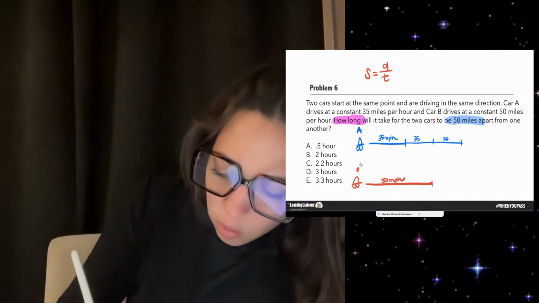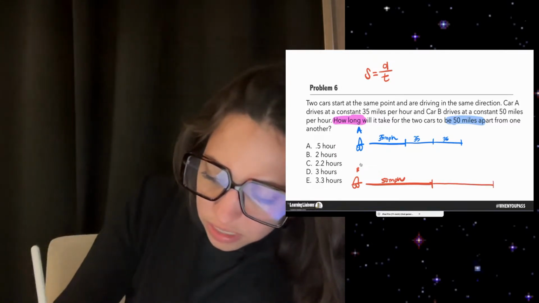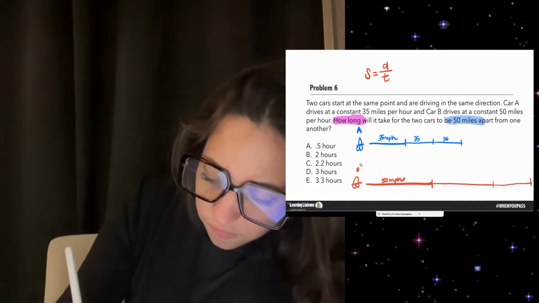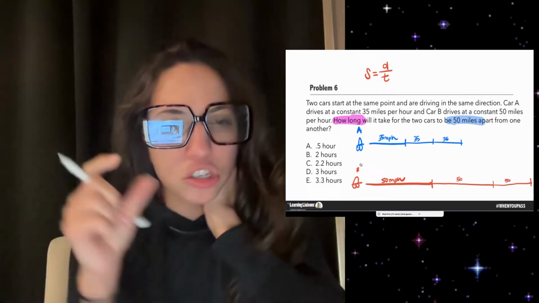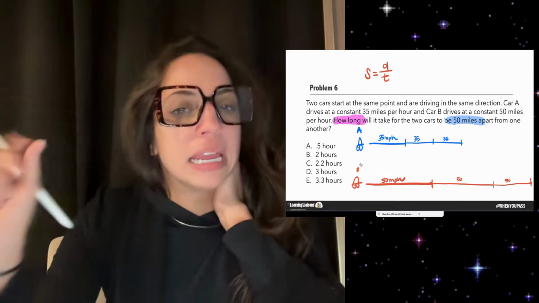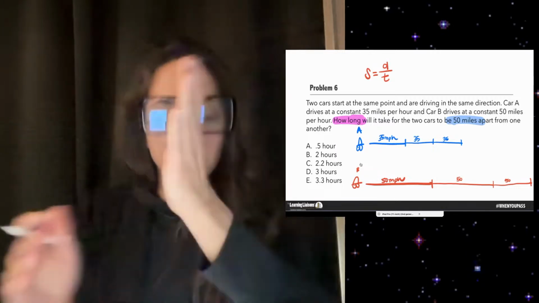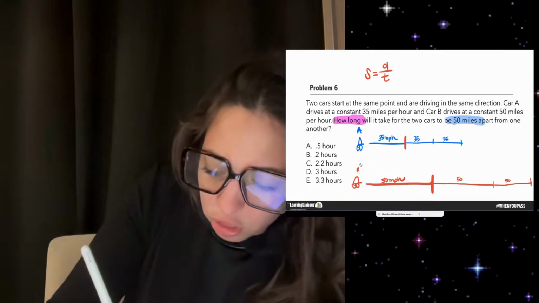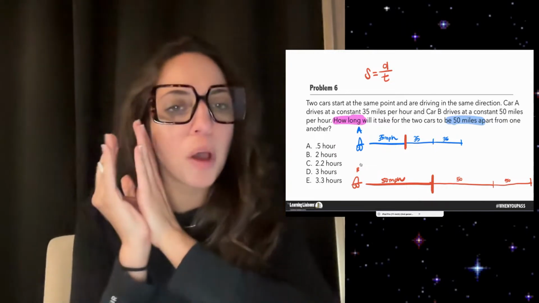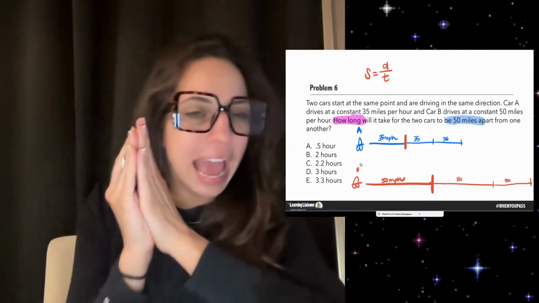And each hour, this car is going 50, 50, 50, right? How many miles apart are they separating each hour? After the first hour, this car traveled 50 miles and this car traveled 35. How many miles apart are they after the first hour?